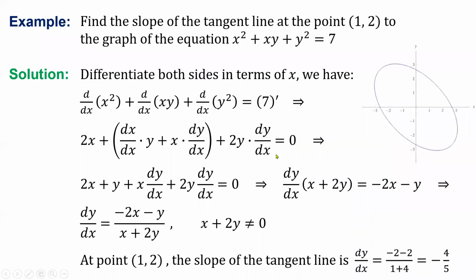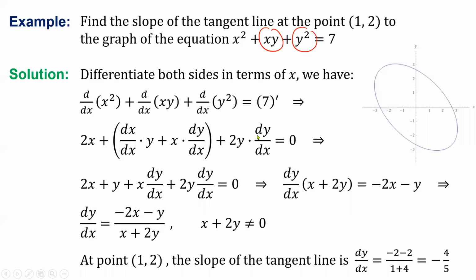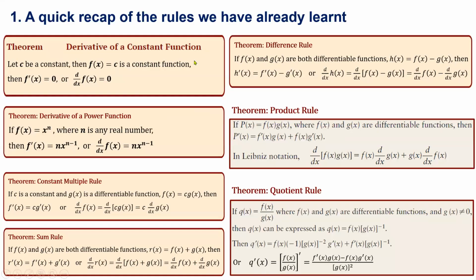So note here, usually in the implicit differentiation method, be careful with expressions like y squared or xy. In order to evaluate using the implicit differentiation method, usually you should also use the chain rule to evaluate some of the derivatives, okay? So basically, so far we have learned these rules to evaluate derivatives, right?